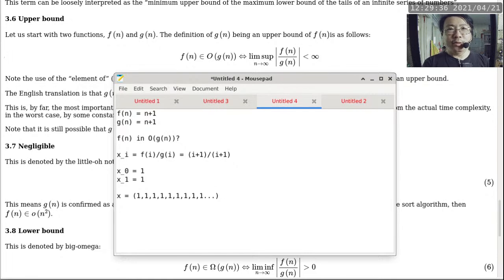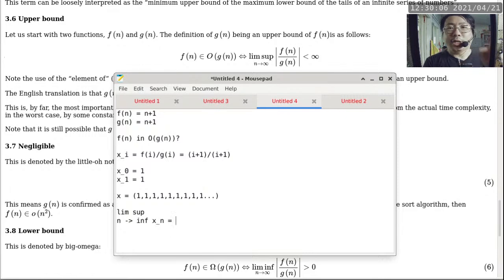So now if we think about the limit superior, as n approaches infinity, of the sequence x of n, what do you think that is going to look like?